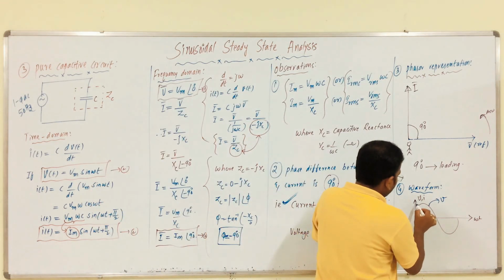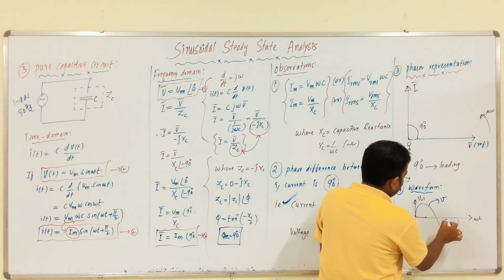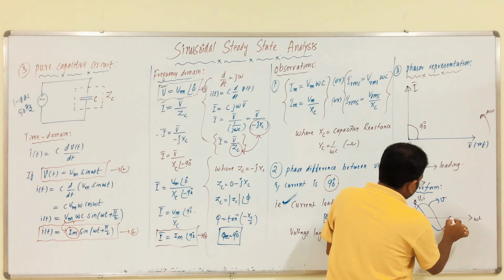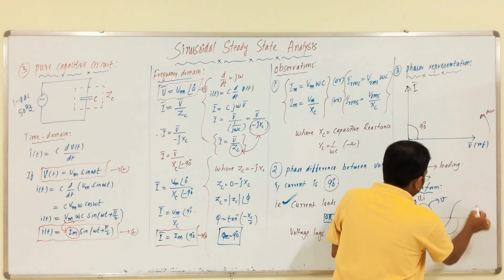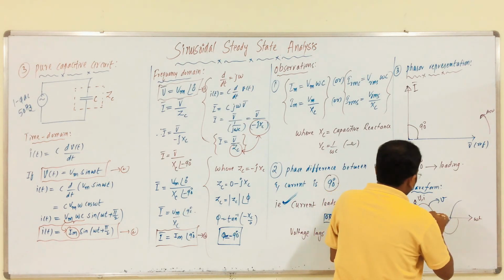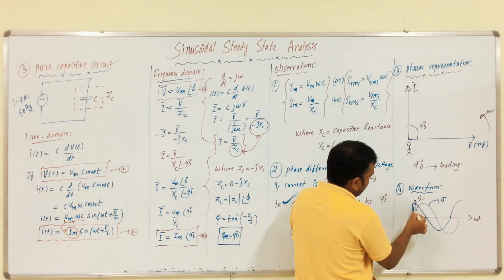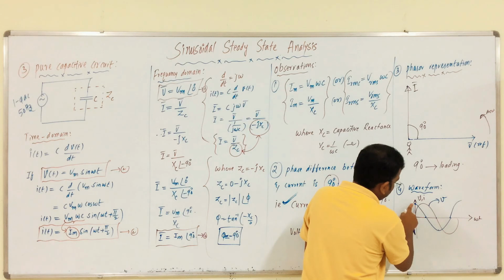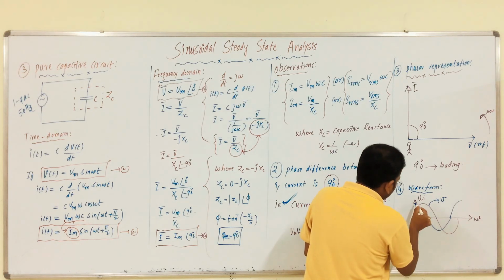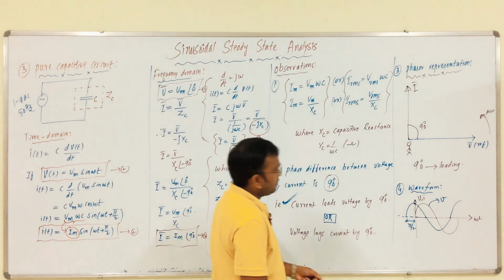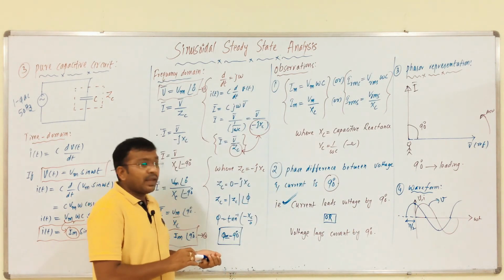So these are the points. This is the current representation. See, current leads voltage by 90 degrees. Between these two we have 90 degrees, that is pi by 2. Clear? This is about the pure capacitive circuit.